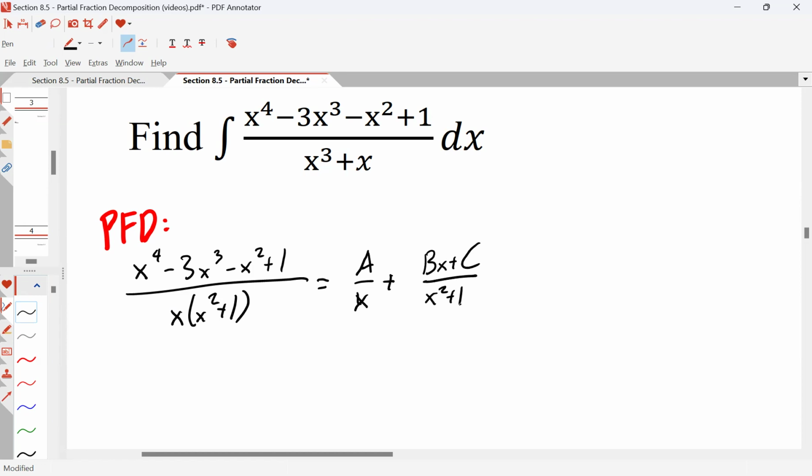As we have a linear and we have a quadratic, we put a constant above the linear and we put a linear above the quadratic. But if I were to combine like terms on this, I would get A times x squared plus 1 plus Bx plus C times x all over this x times x squared plus 1.